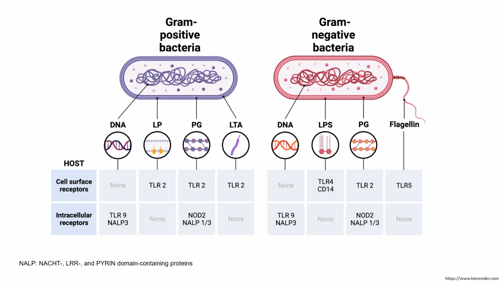TLR and nod-like receptor in terms of gram-positive and gram-negative bacteria. We know that gram-positive, if we stain with a gram stain, we can see violet stain color, and gram-negative is what will give a saffron or red coloration upon staining. We have just tried to draw here that these are some of the flagella which are present in the gram-negative bacteria.